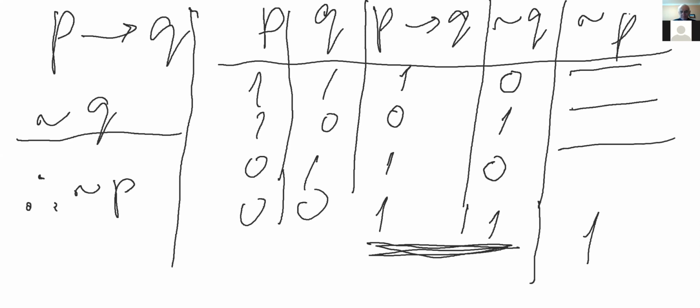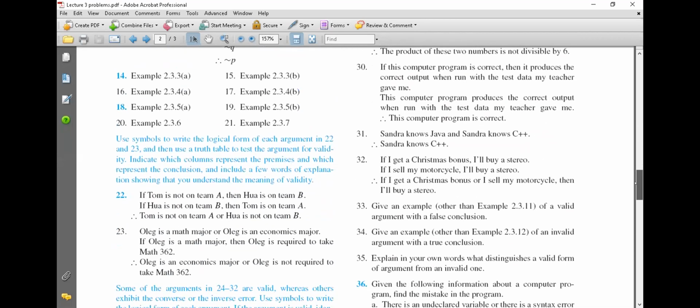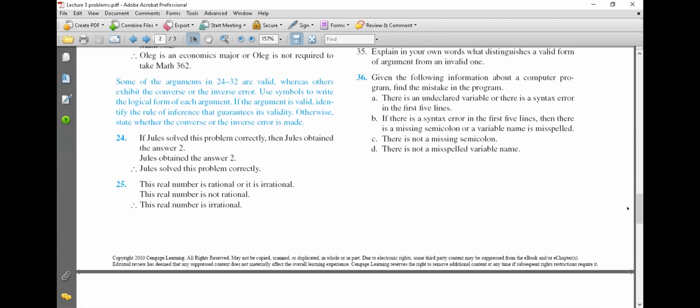Now here we have a very interesting problem about a computer program. I will show it. It's problem number 36.